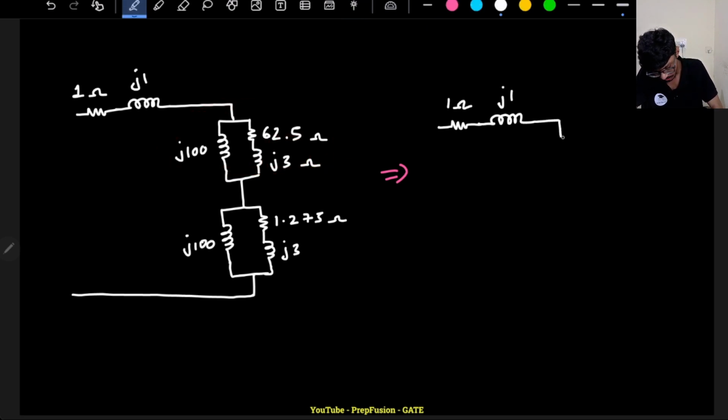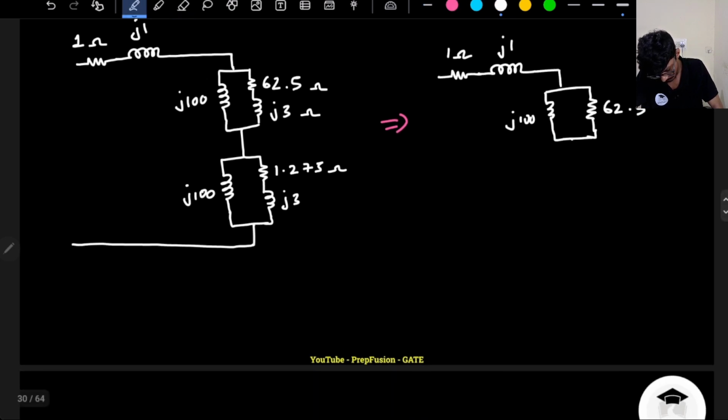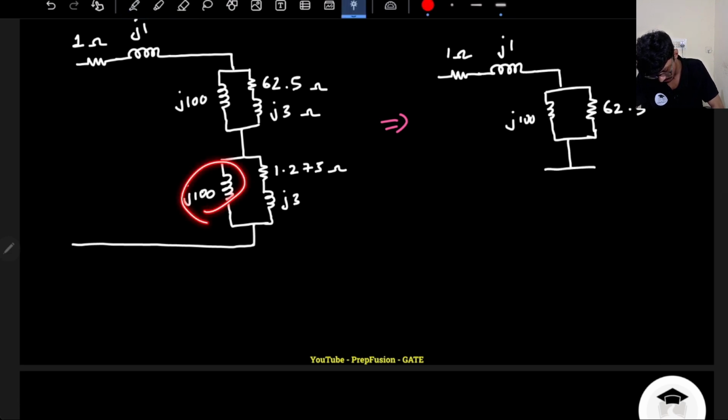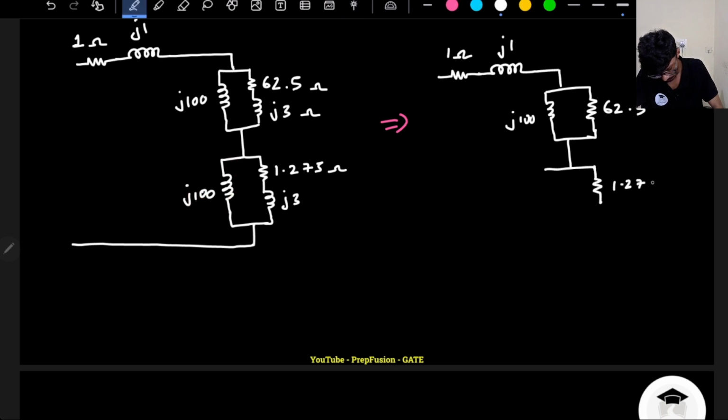So this will be J100, 62.5 ohm. Okay, then I can ignore this branch, very high impedance, only I will have this branch 1.275 and J3.